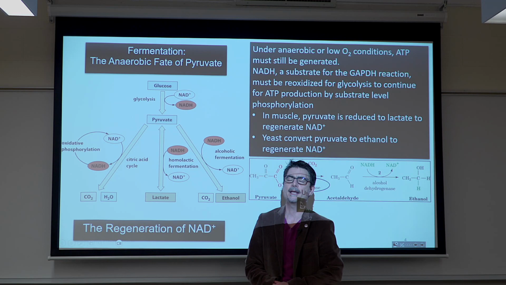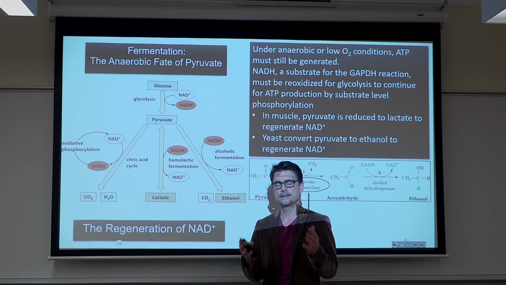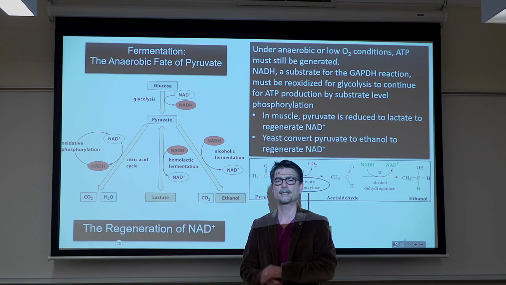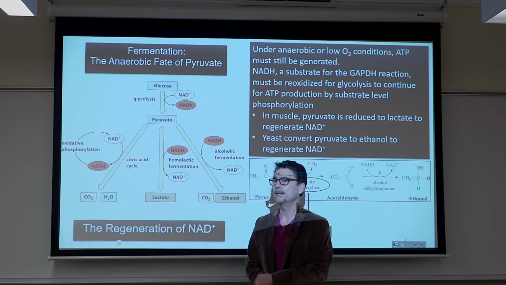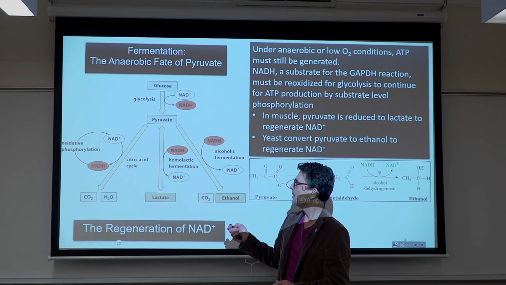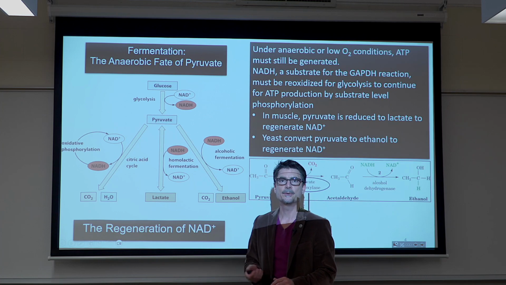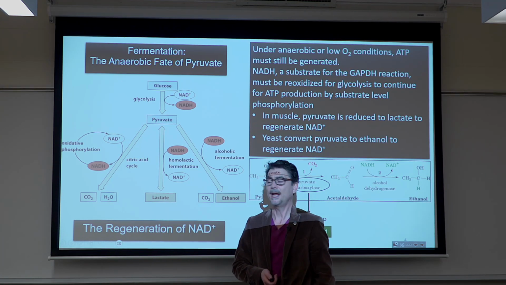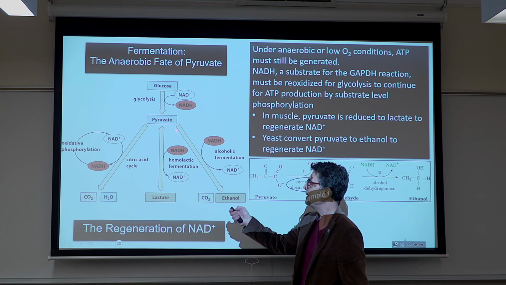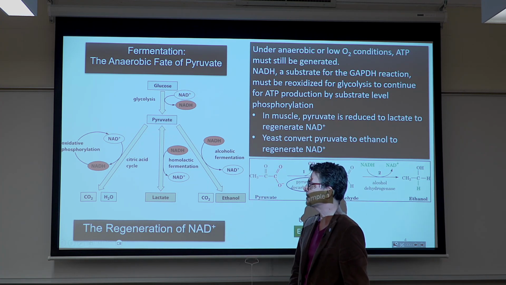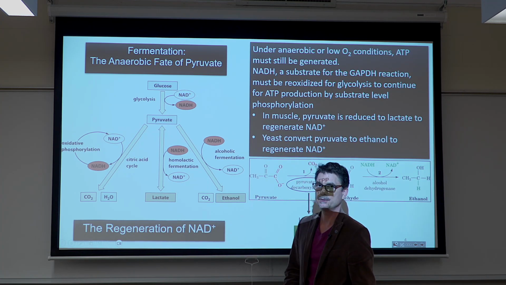If we think of pyruvate, CH3, a carbonyl group, and then a carboxylate group, and we convert that carbonyl group to an alcohol, we get lactate. So the carbonyl group was converted to an alcohol group. That is no surprise, because that is our first guess. So we do that lactic acid fermentation, homolactic fermentation.